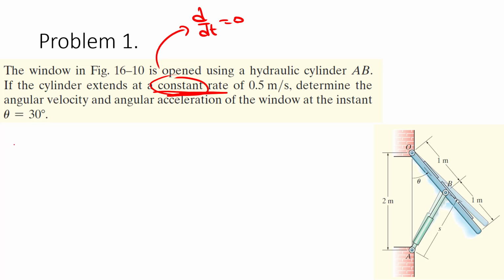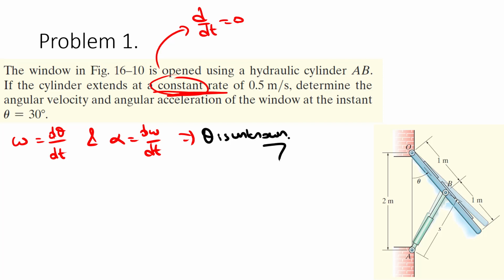But before telling that, let's do this way. The question asks about the omega, which is d theta by dt, and it asks for the alpha, which is d omega by dt. But the main problem is that theta is unknown.